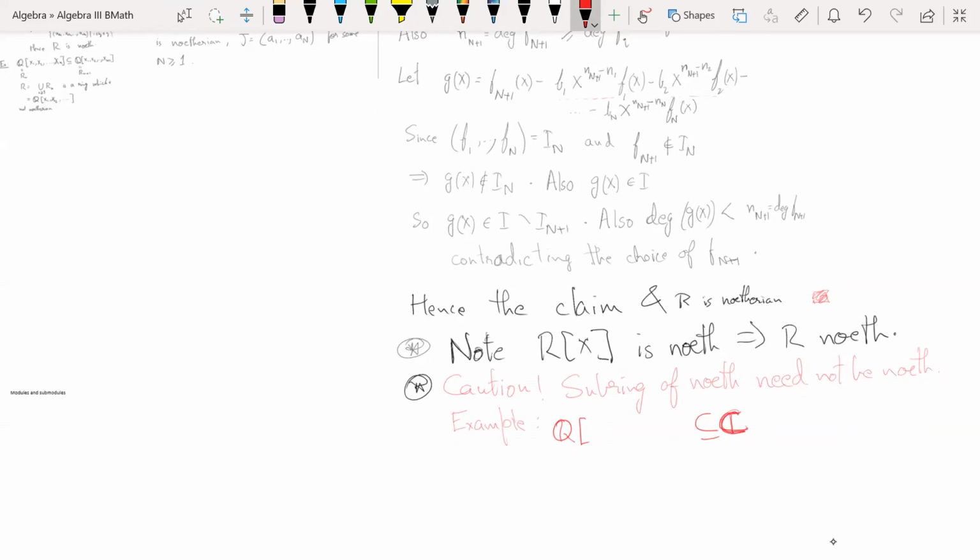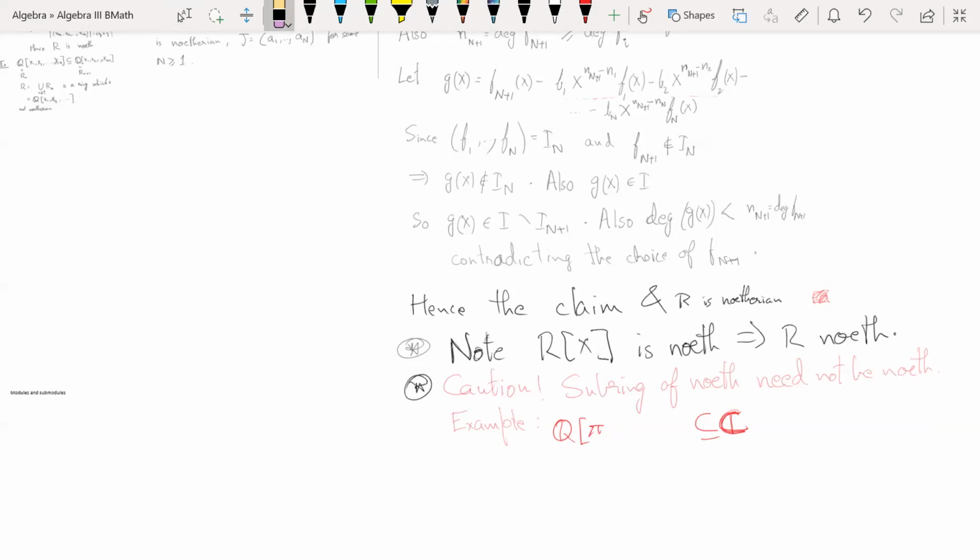So, for instance, there is an element in C which is not algebraic over Q, which does not satisfy any algebraic equation, like pi or e. But let's just say pi.